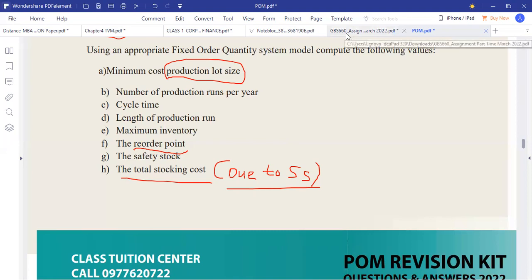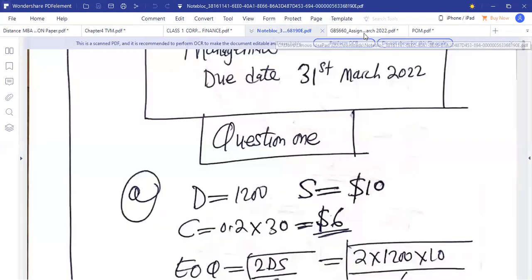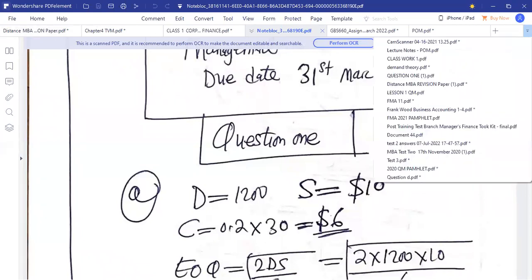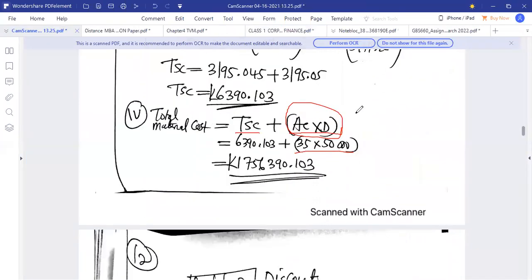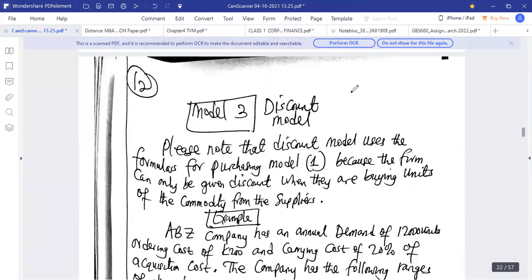Okay, so let's go to the discount model. Let's go for model 3, which is a discount model. So we wrapped up model 2, and now we are getting to model 3, which is the discount model.